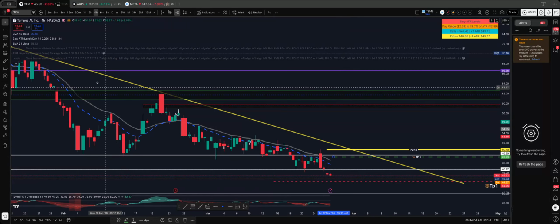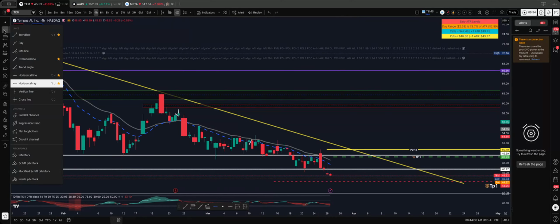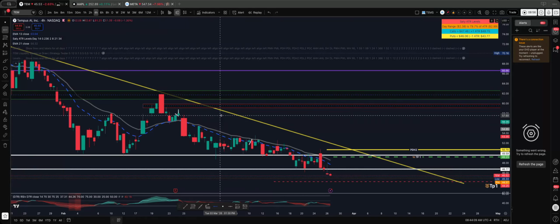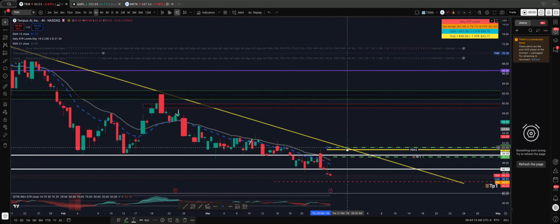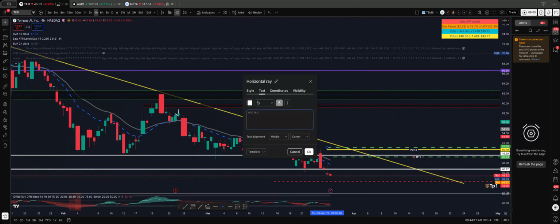So I would put my next line on top of that, which isn't too bad, because even if it's probably going to touch that and come back down, we always try to anticipate what could happen based off of how institutions might try to play us or fake us out with these fake breakouts. So you always got to be aware.